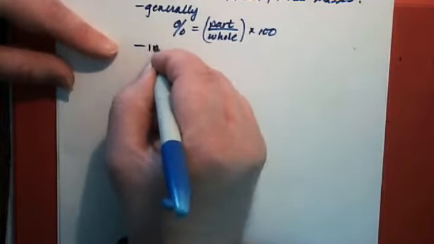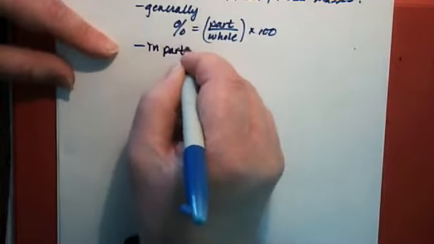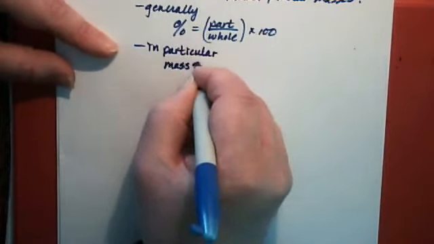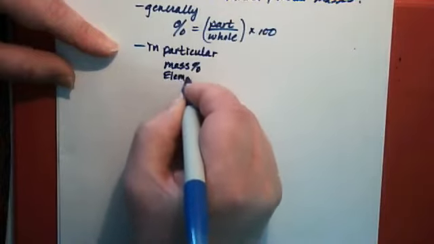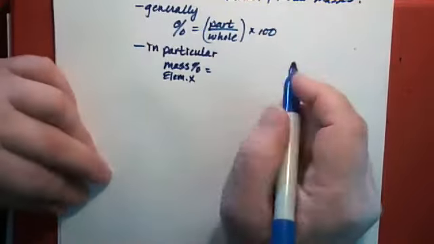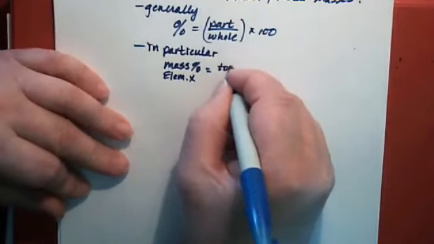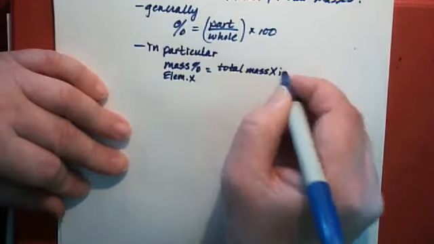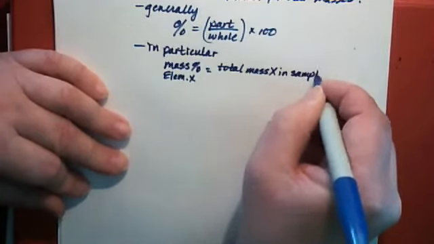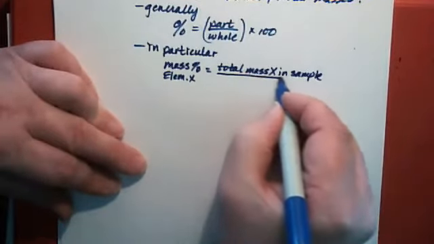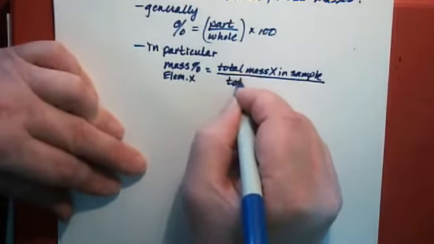In particular, in this case, the mass percentage of element X in a compound could be given as the total mass of X in the sample divided by the total mass of the sample.